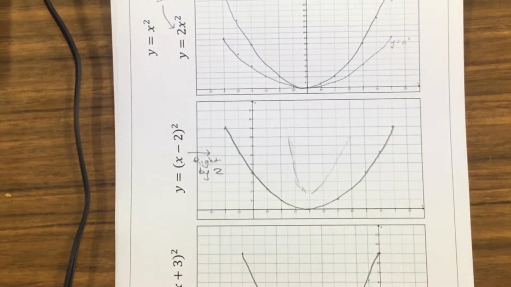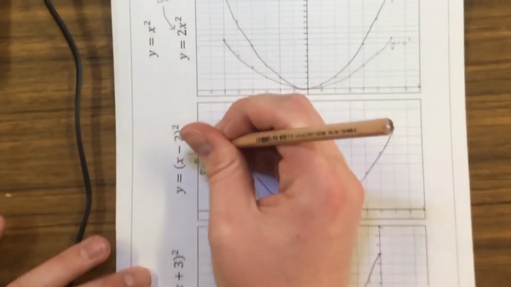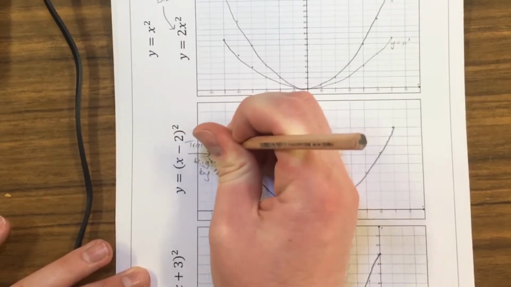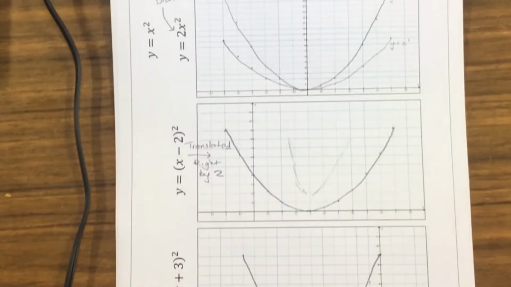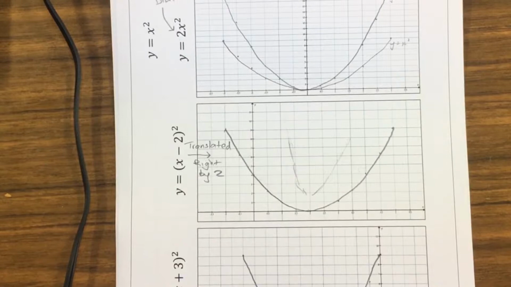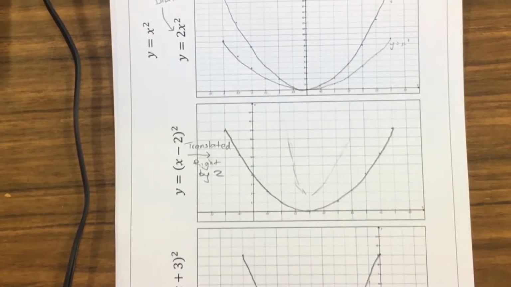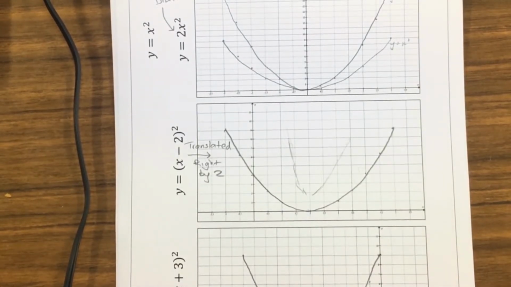We can't just say it's moved on over to 2 on the right. It's actually been what's referred to as translated.